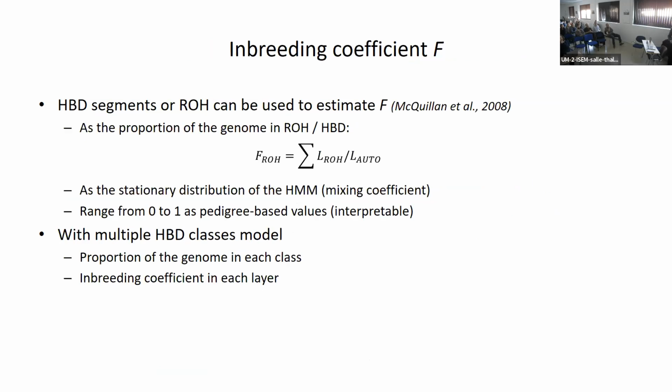So with runs of homozygosity, the inbreeding coefficient is simply computed as the sum of the lengths of all the segments divided by the size of the genome. And with the hidden Markov models, you can do similar things. A very nice feature with that is that the inbreeding coefficient ranges from 0 to 1 like the pedigree one, and the values are also interpretable.